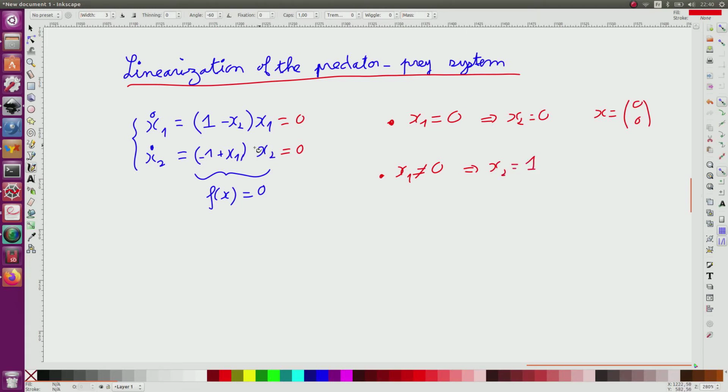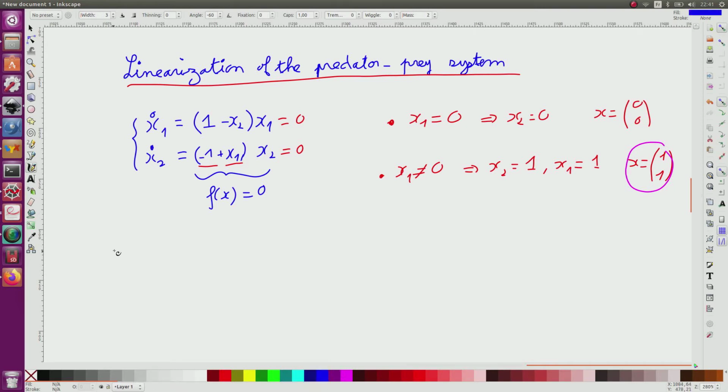Since x2 equals 1, this term is not equal to 0, so this one should be equal to 0. So it means also that x1 should be equal to 1. So the second equilibrium point is (1, 1). And in the exercise, it is required that we linearize around a non-zero equilibrium point. So it is this one.